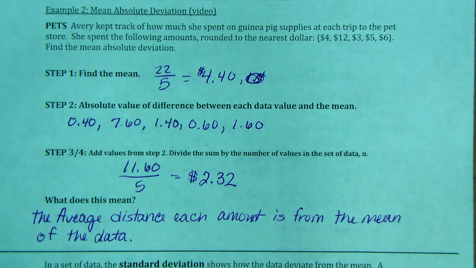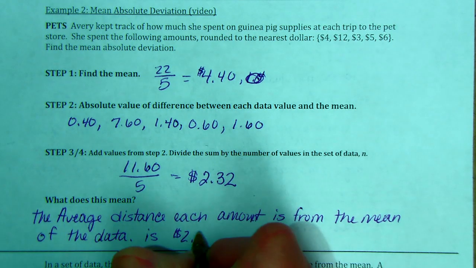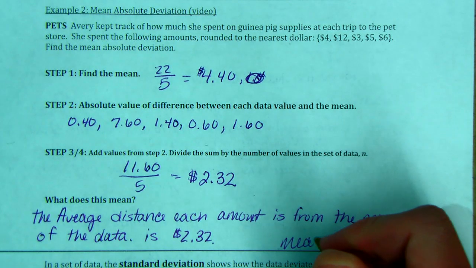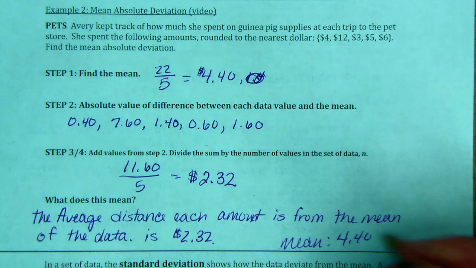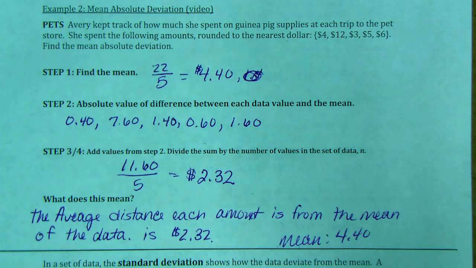Well, our mean was $4.40. So given that our mean absolute deviation is about half of our mean, that's pretty spread out data. It's pretty spread out, okay? But that's the mean absolute deviation.